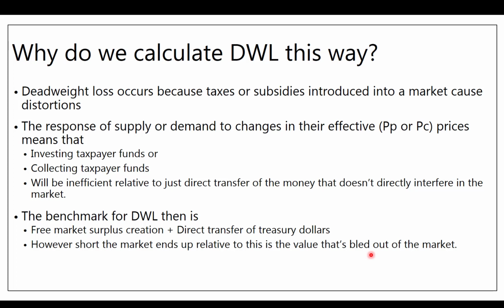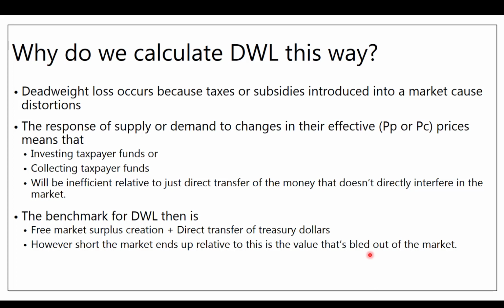It's called deadweight because it is completely dependent on the fact that you are interfering from what we would call the first best, or maximum efficiency, situation. The best case in markets is producers and consumers interact and make decisions based on common willingness to pay and willingness to accept.